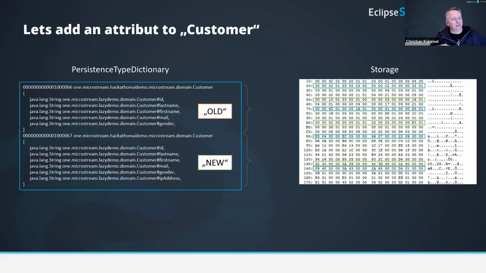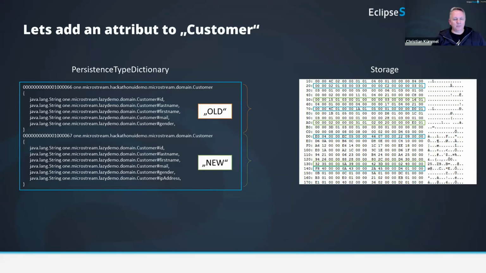This is how the type handling works in the background. At the beginning, we tried to work with something like, let's update all customers on startup. But you can imagine if you have 1 million customers within your storage, that is not the best way of doing that.